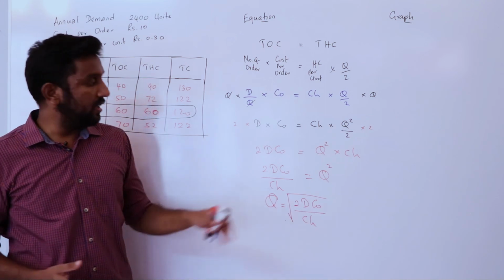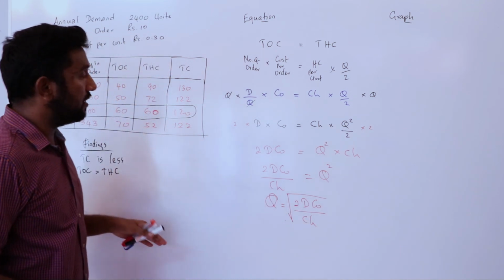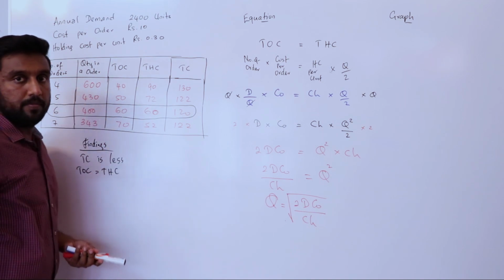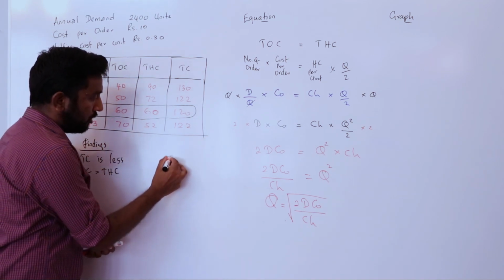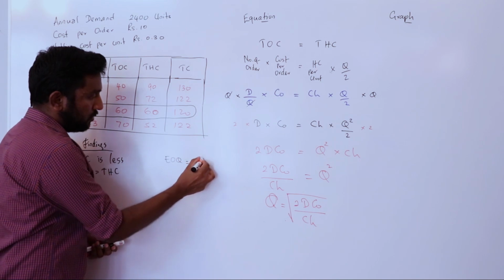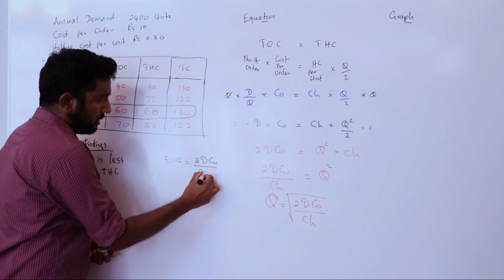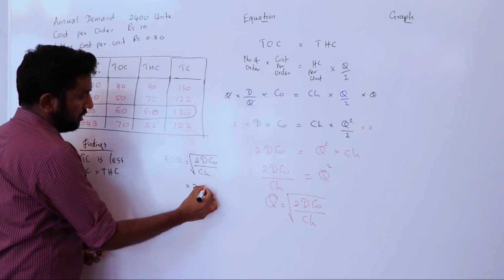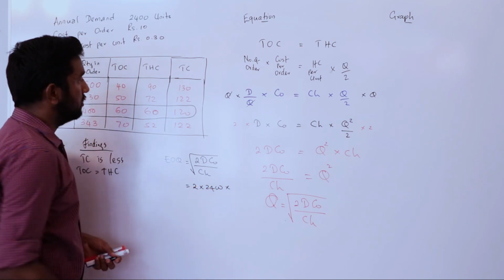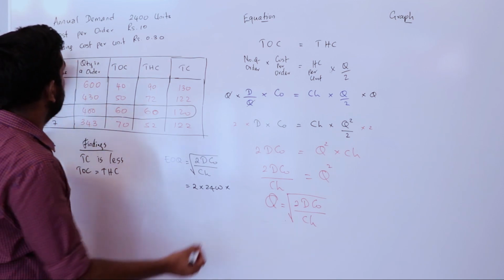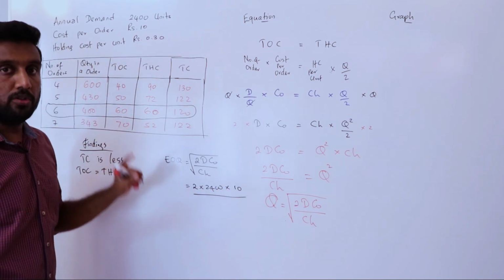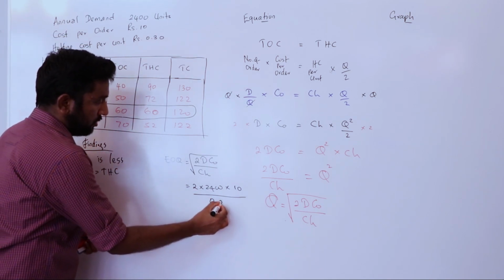Now we're going to use the equation to find the answer, which should match the same answer we got from the table. So EOQ equals the square root of 2DCO over CH. 2 into demand is 2400, ordering cost is 10, this is per order, and holding cost per unit, not the total holding cost, so 0.3.